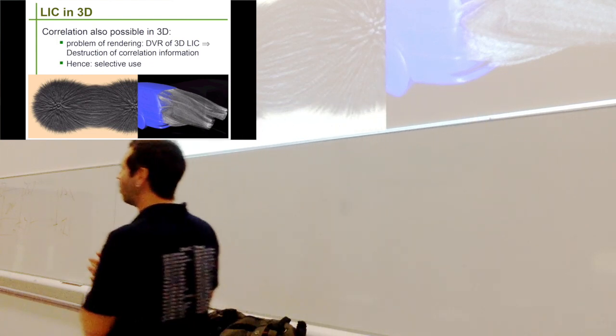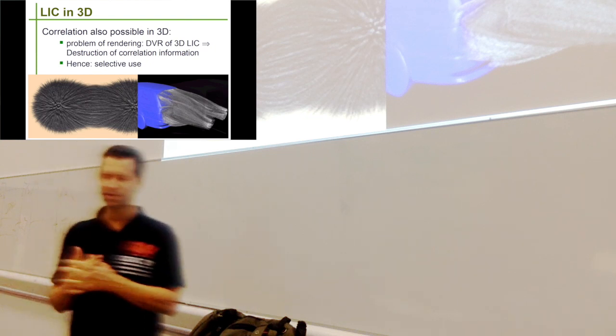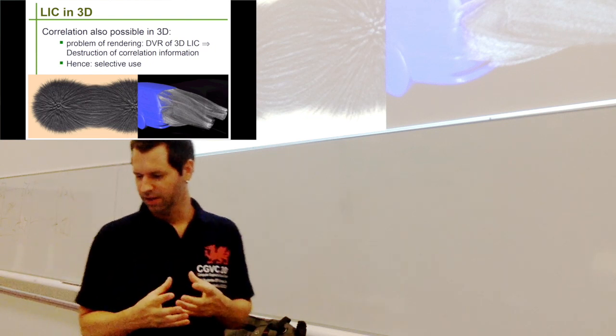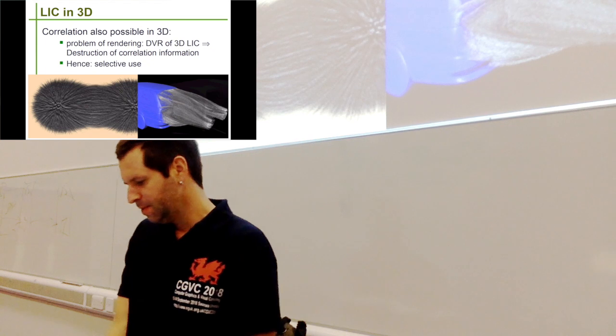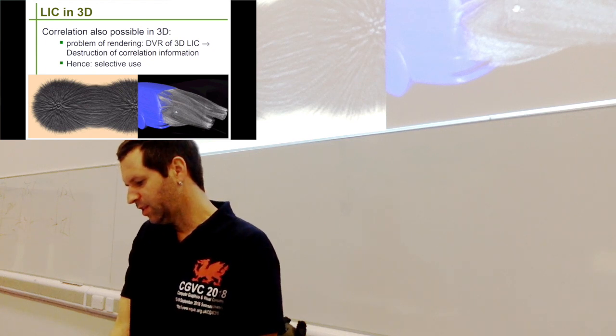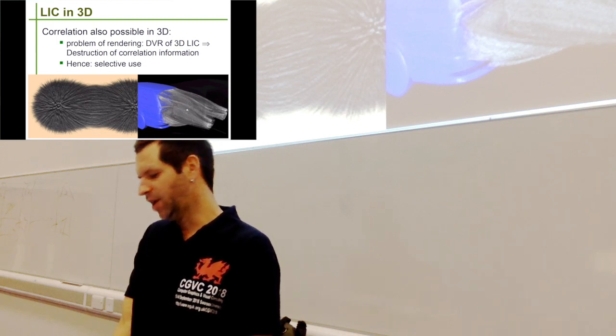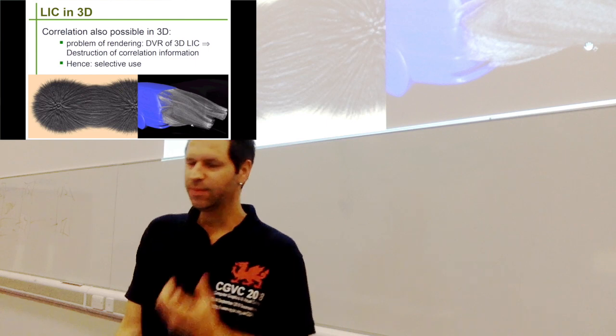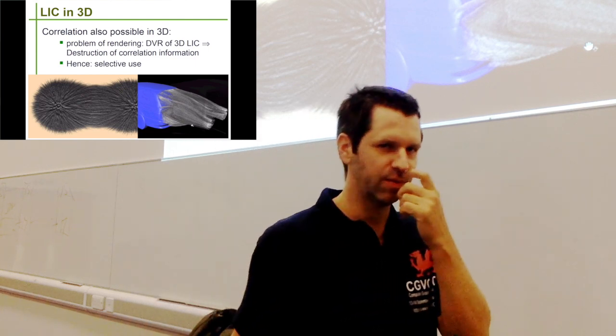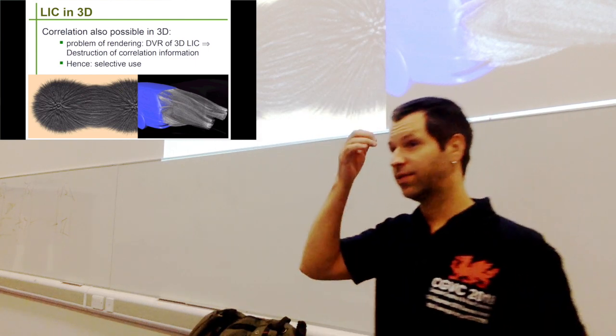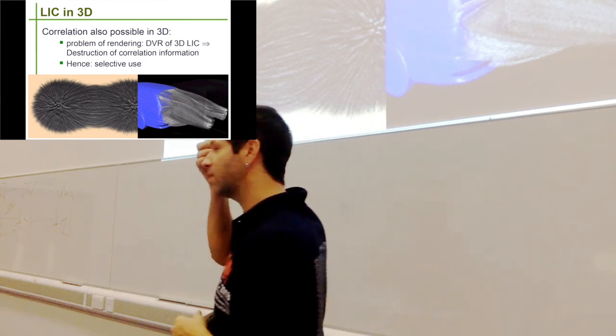It's not the entire volume, right, to get that nice 3D line integral convolution. But because there's grayscale texels here, and then there are more grayscale texels behind it, it starts to lose some of the grayscale color contrast.